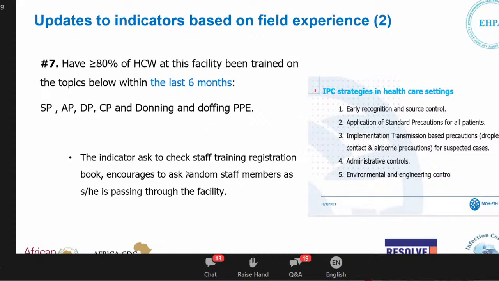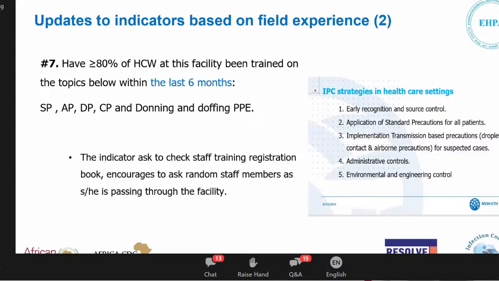So the indicator just encourages us to check the registration. As I mentioned, a lot of facilities have no staff training registration, and the HR system is not strong, and it encourages us to randomly ask staff about the basics of IPC. For example, if we ask staff who have not been trained in the last 6 months, or new staff, the probability of getting a no, or not trained, is there.